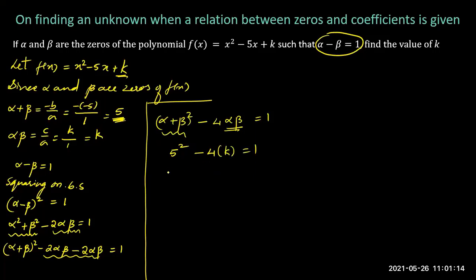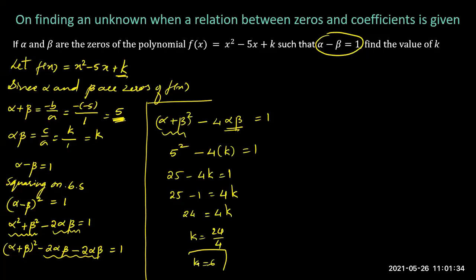Now this is 25 minus 4k is equal to 1. Then 25 minus 1 is equal to 4k. 24 is equal to 4k. Now k is equal to 24 by 4. K is equal to 6. Clear?